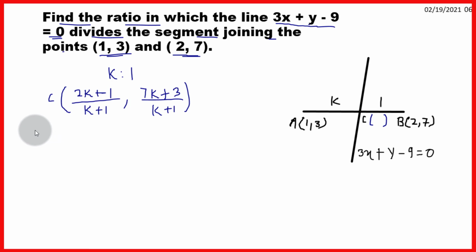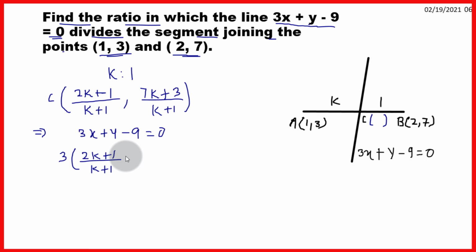Therefore in the equation 3x + y - 9 = 0, we will put the value of x and y as these, so it will be 3 into (2k + 1)/(k + 1), plus y, which is (7k + 3)/(k + 1), minus 9, which is equal to 0.